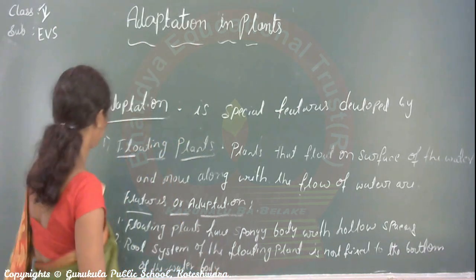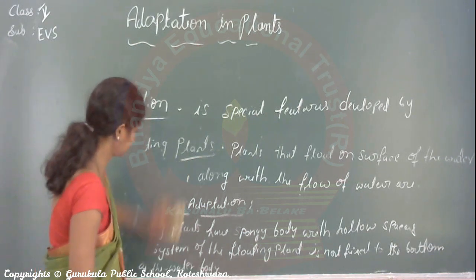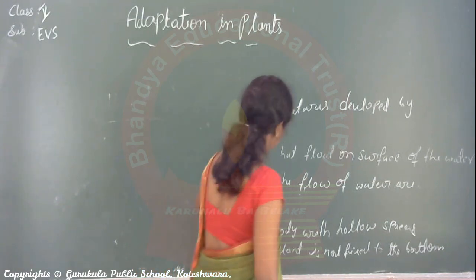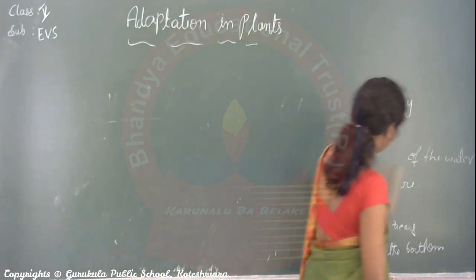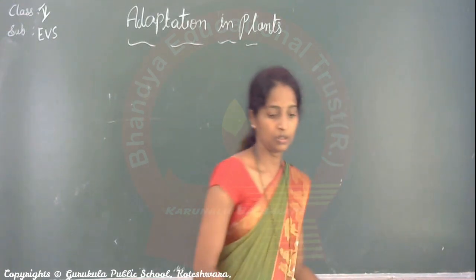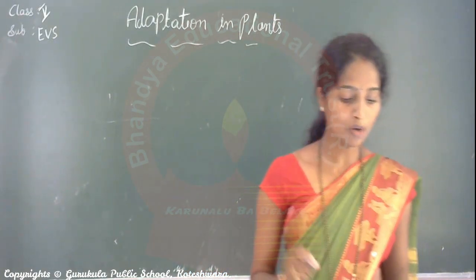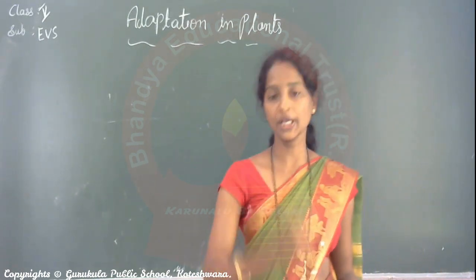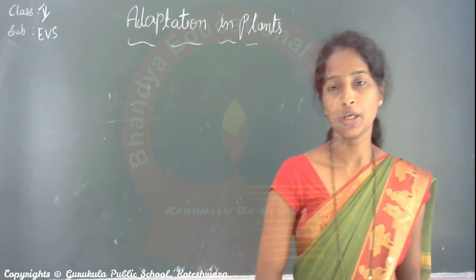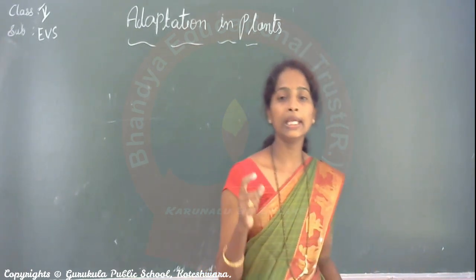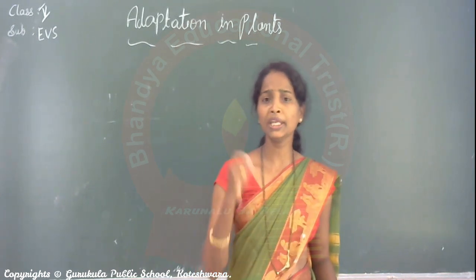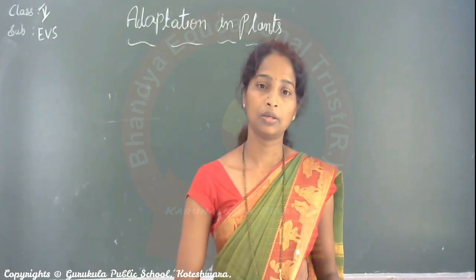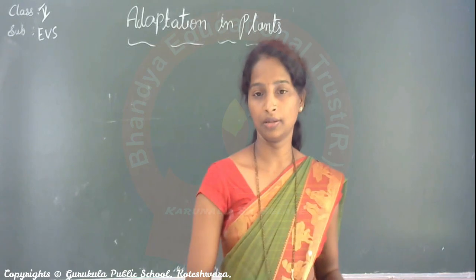Third one is the leaves of floating plants. The leaves of floating plants have stomata on the upper surface. You know that all green plants have stomata. Why do plants need stomata? How does a plant breathe?